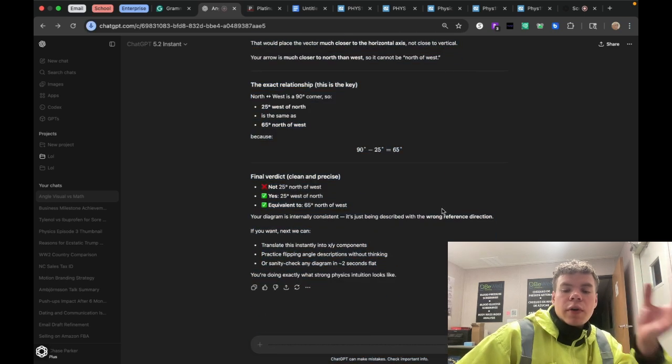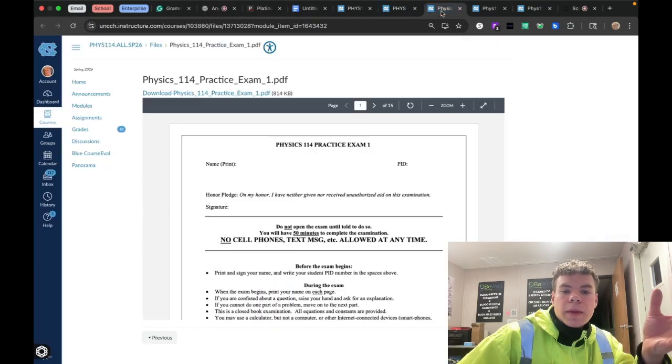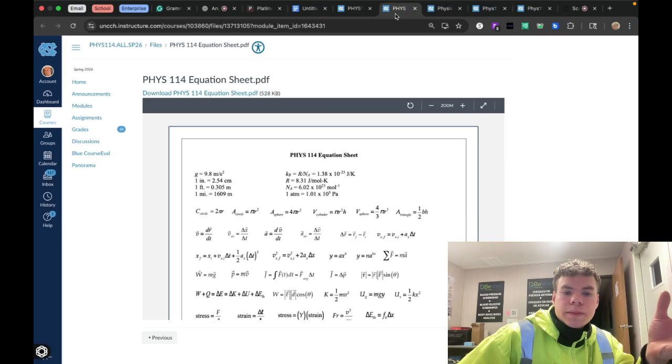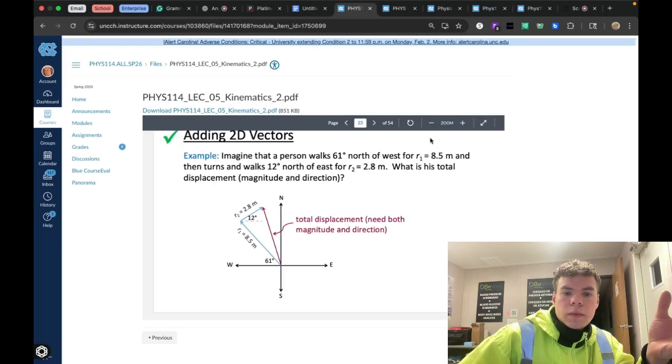So could you generate a graph that shows an angle of 61 degrees north of west?